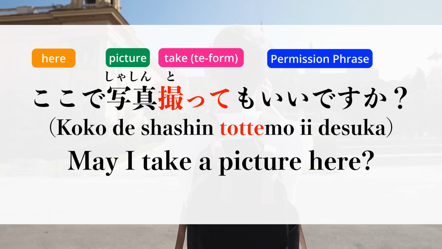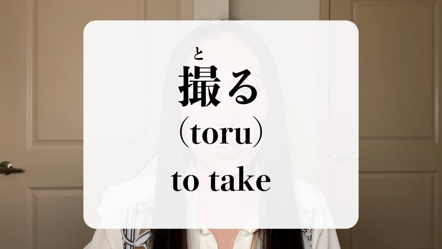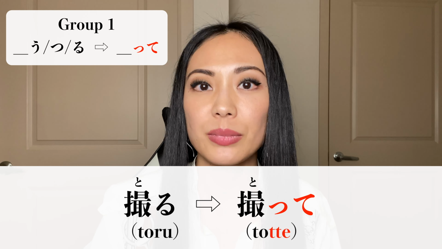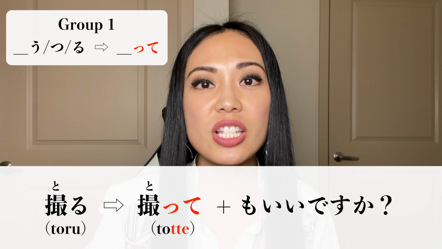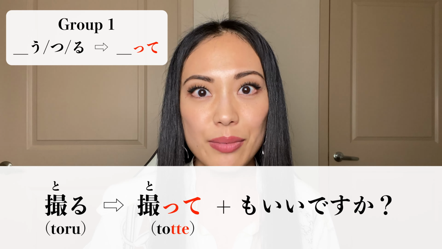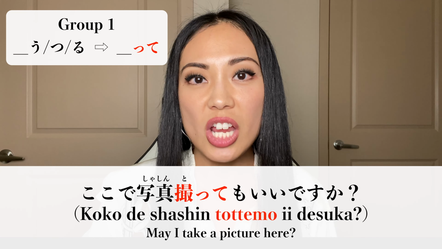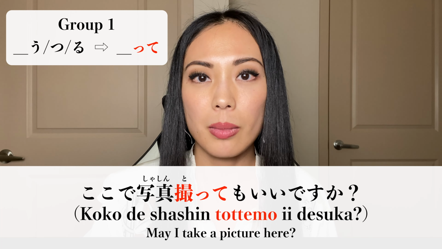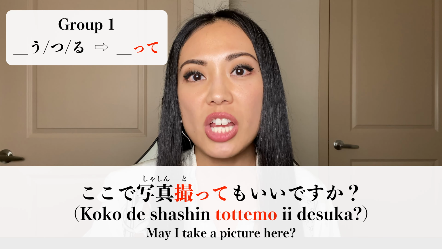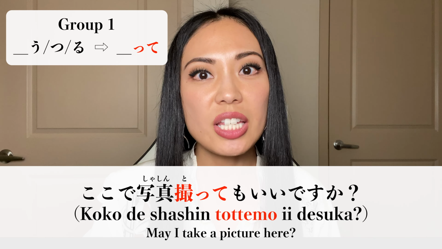In this case, the verb 撮る turns into 撮って and combines with もいいですか. ここで写真撮ってもいいですか?